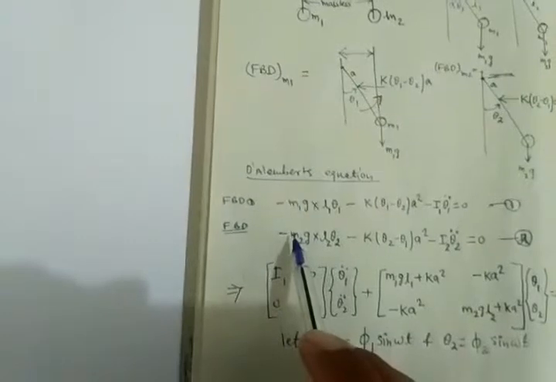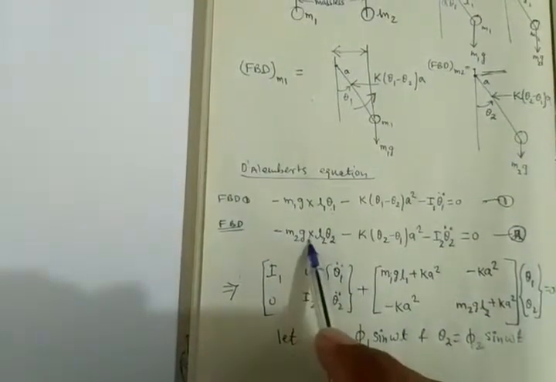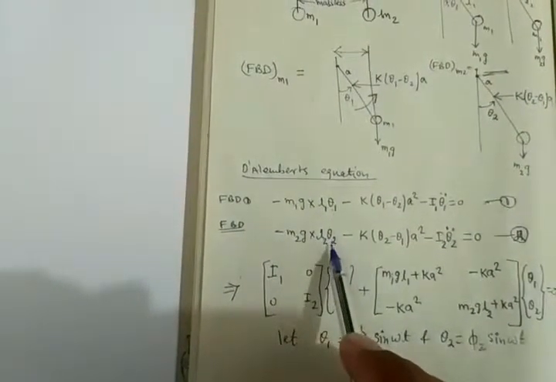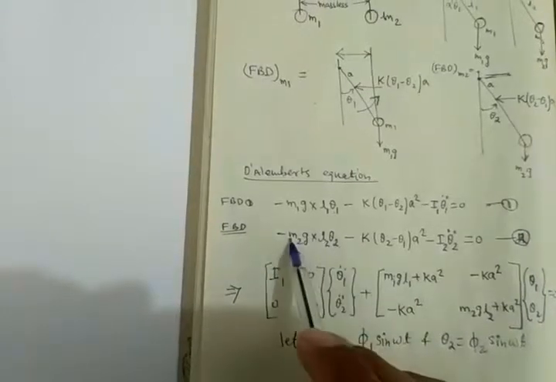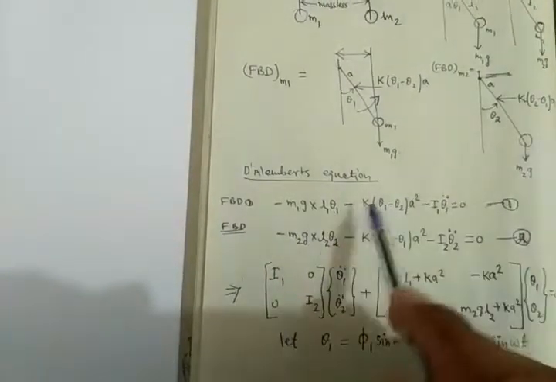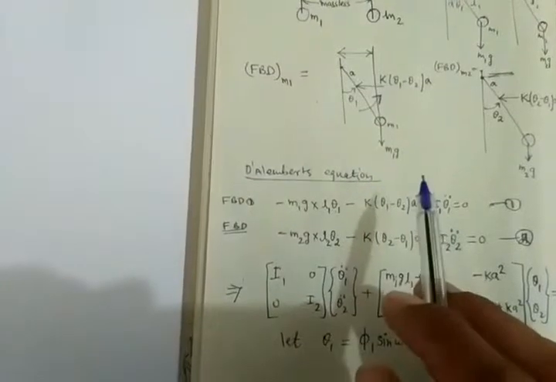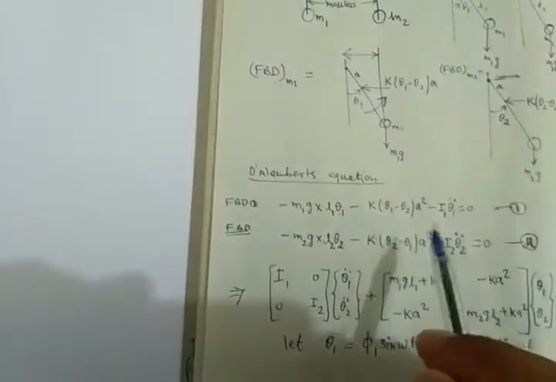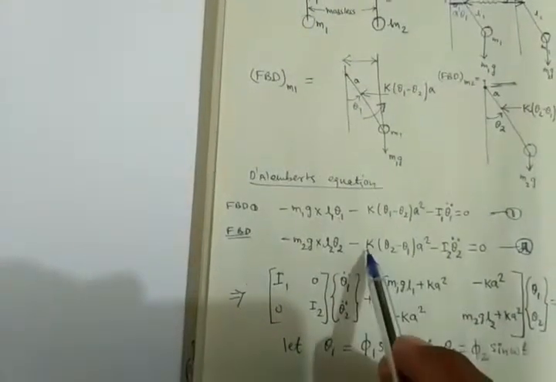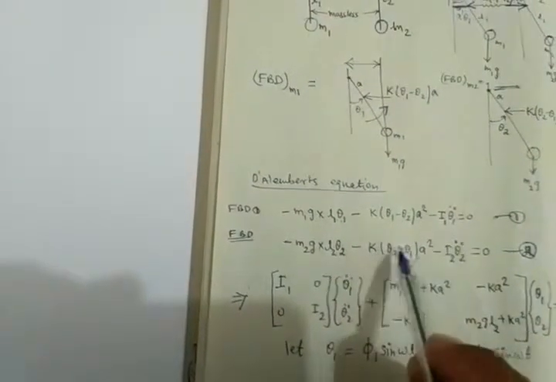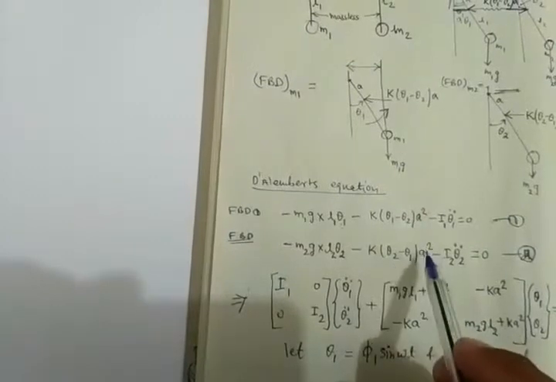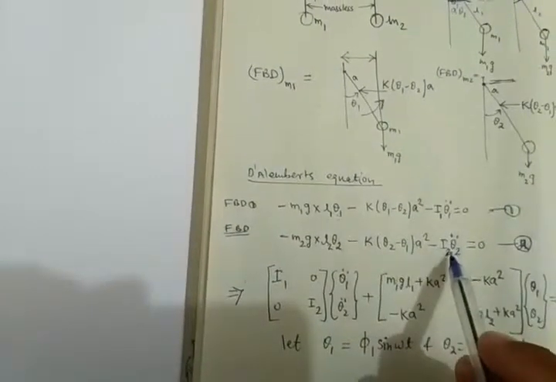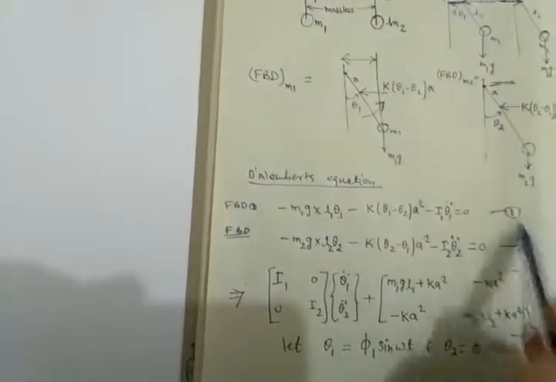So see here I have done the same thing. Force, that is m2g into distance, that is L2 into theta 2, and negative sign is here because this torque is in opposite direction of the rotation of the pendulum. And simply this spring torque is force into distance a, and inertial torque. So these are two equations I am having.